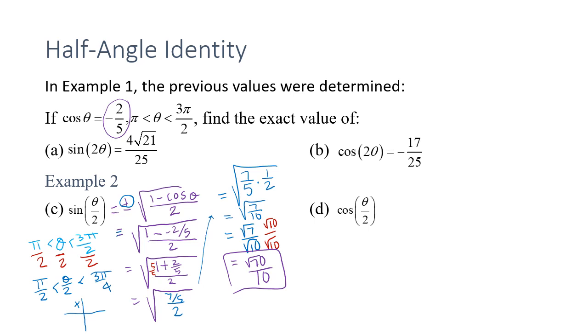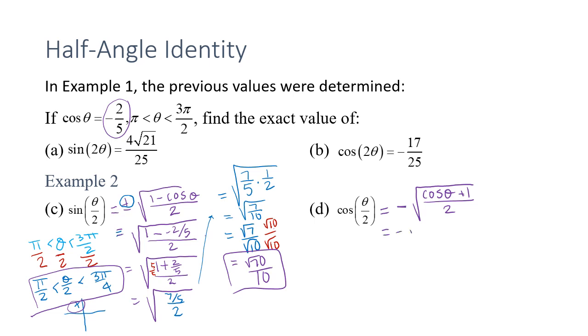So now if we're doing the cosine of theta over 2, again we found that theta over 2 is in this second quadrant, which means that cosine is going to be negative. So when I write the formula for this, instead of the positive, I'm going to use the negative. So the formula for the half angle for cosine is cosine of theta plus 1 over 2.